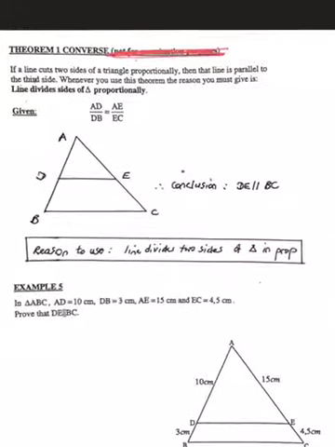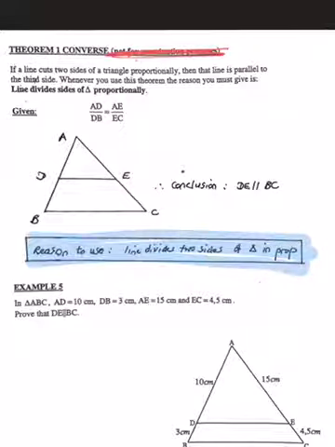Right, so it says here, if a line cuts two sides of a triangle proportionally, then that line is parallel to the third side. And whenever you use this theorem, you're going to use this reason here, which is a nicer one to work with: line divides two sides of triangle in proportion.